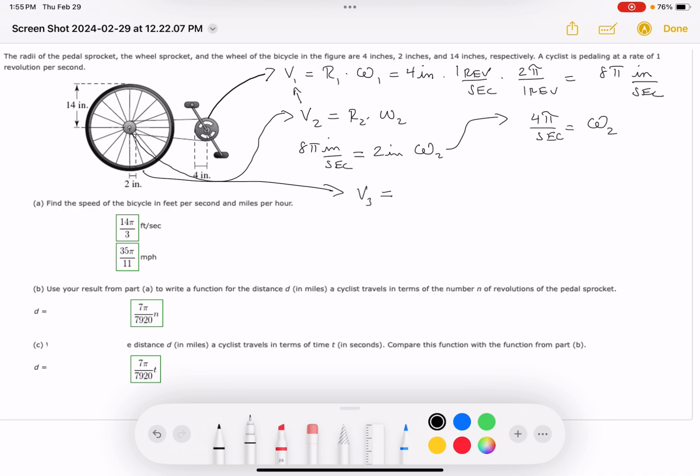Well, there's going to be R3 and omega 3. I hope you realize that the sprocket on the wheel and the wheel are rotating at the same rate. So omega 3 is the same thing as omega 2. Let's write this down. So V3 is R3, which is 14 inches, times omega 3, which is 4 pi per second.